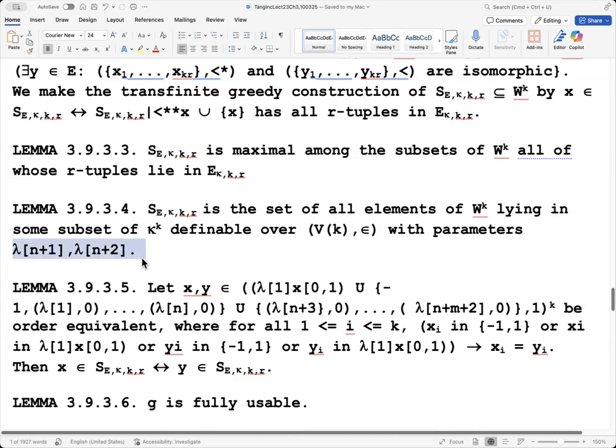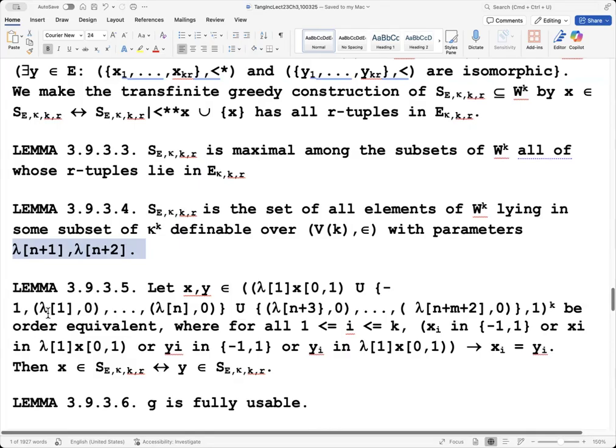So this greedy set is definable, but it does require these two parameters. But that's all right because we'll use indiscernibility, but we'll only use it for different indiscernibles than these, and that's fine. Indiscernibility allows us to do that.